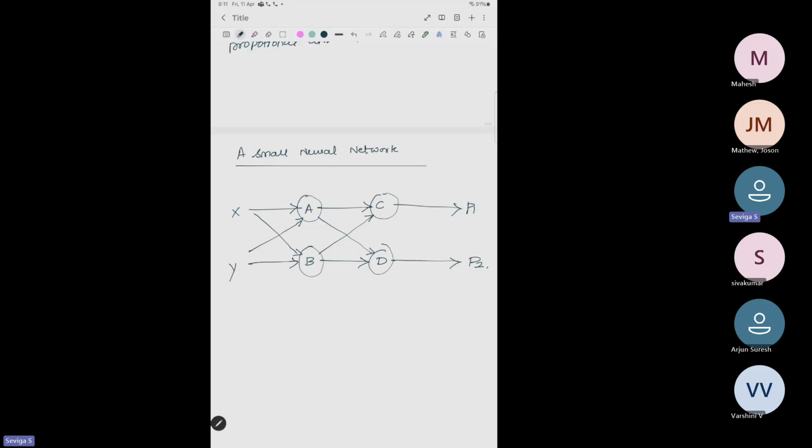Let us consider a simple neural network like this. It has two input features, X and Y. It has four neurons, A, B, C, D. And it has two predictions, P1 and P2.